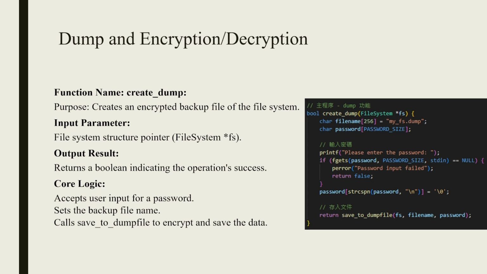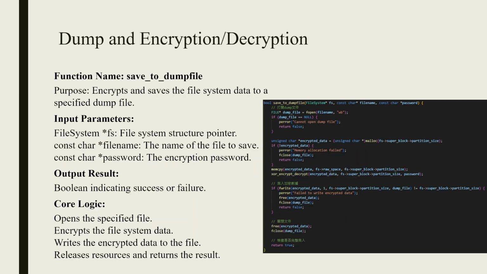Then, to save, it will call the save to dump file function to encrypt and save the file system data into the specified file using the password. Finally, it will return true if successful, and otherwise false if it failed any steps.